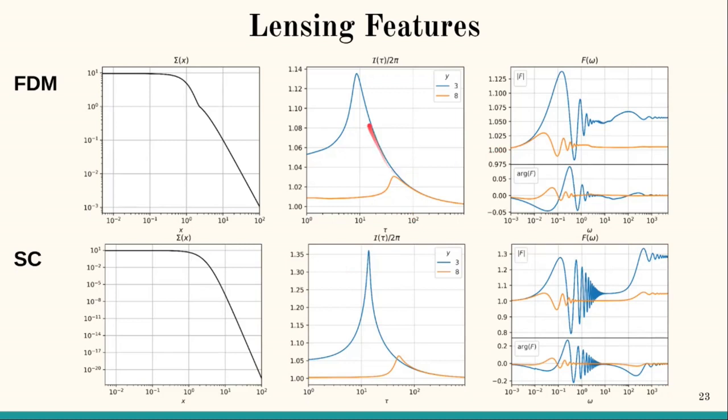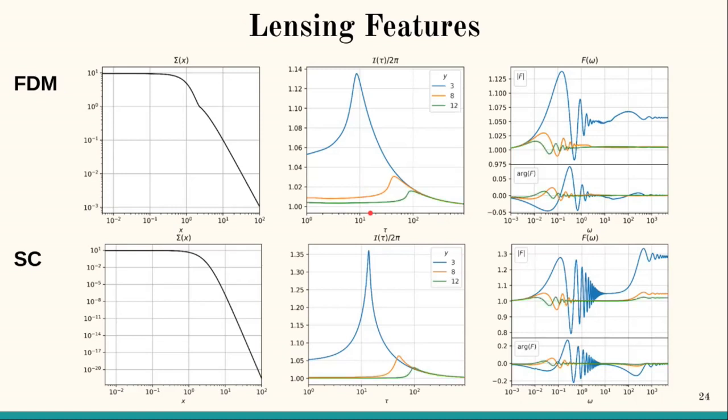A point that can be made clear here is that the tau for which this peak happens is for a Fermat contour that passes through the center of the lens. So if you increase the distance from the center of the lens to the source, the contour that intersects the lens center also increases, and that itself is tau, and that's how the value of tau increases in these plots.